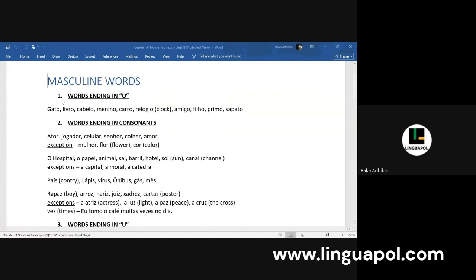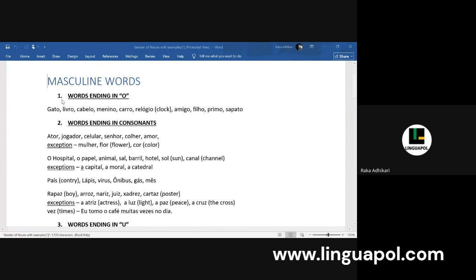But there can be exceptions, okay? Let's say the word for grandmother. What is the word for grandmother? Yes, it's called avó. So avó is a feminine word. It means grandmother, right? It is feminine by the meaning itself. So there can be exceptions.